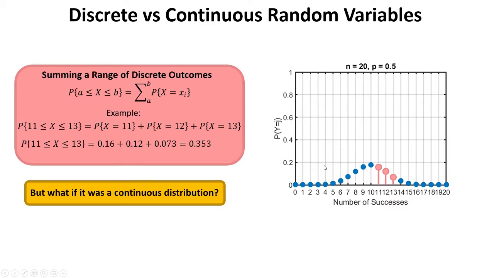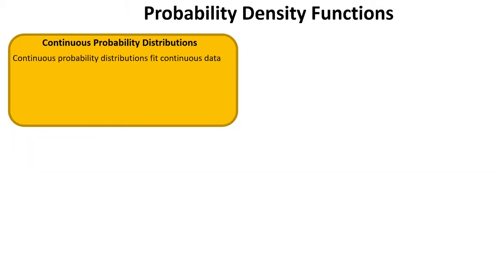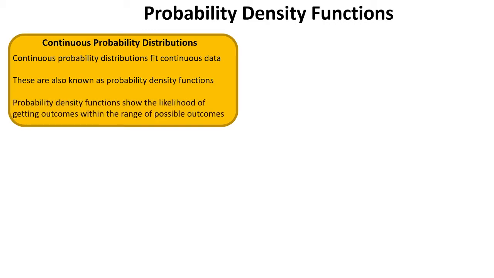We couldn't really add up things in a continuous distribution because there are infinite possible values inside of there. So continuous probability distributions are a little bit different. Continuous probability distributions fit continuous data, as we've said. They're also known as probability density functions, and they show the likelihood of getting outcomes within a range of possible outcomes for a continuous set of data.